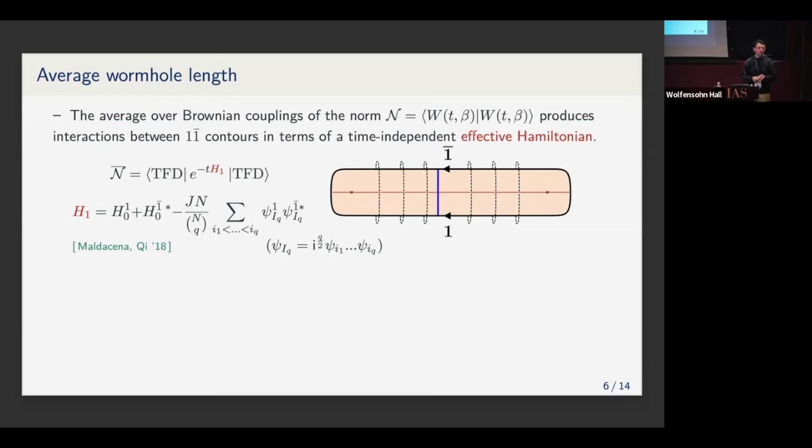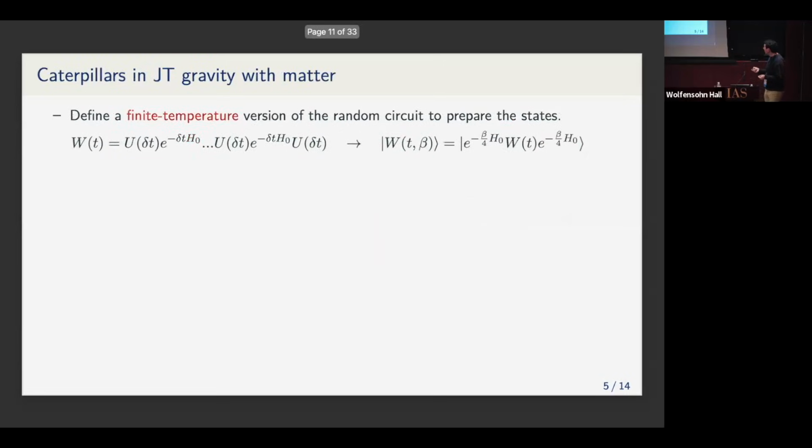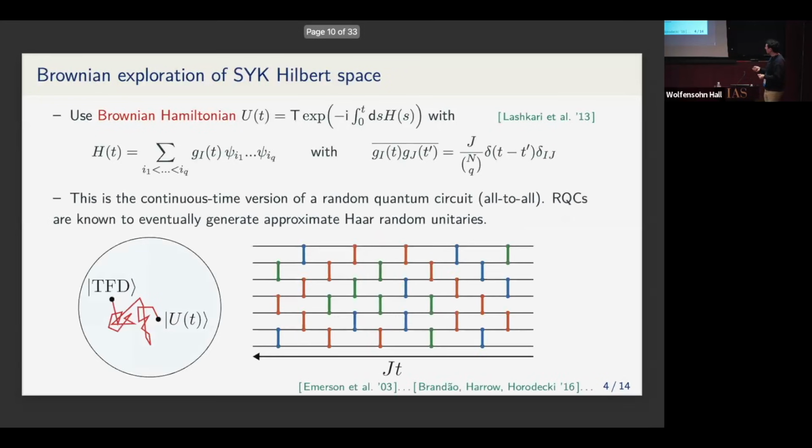Have you thought of any sort of generalizations of this, perhaps with tensor networks, if there is a way to rewrite it by a temperature ensemble? Yes, so the tensor network model of this, the caterpillar, should be a random circuit in the interior, which could be all-to-all, and then some isometries representing the external regions. I think that should be the model. And it would be nice to study properties of those tensor networks.